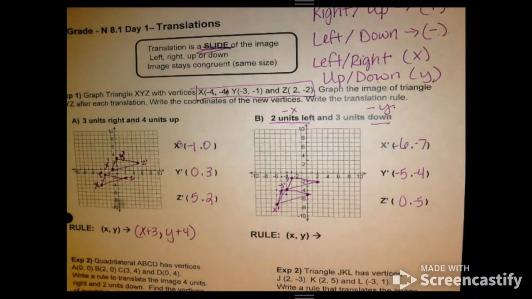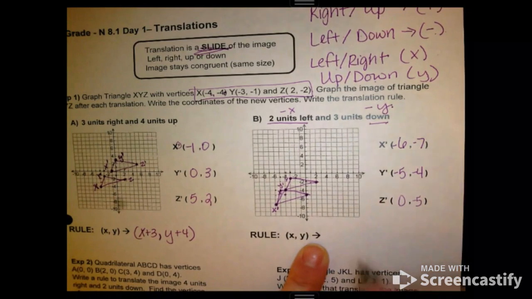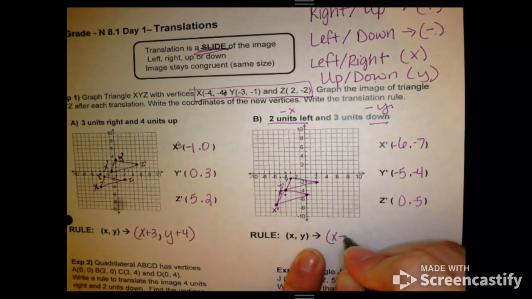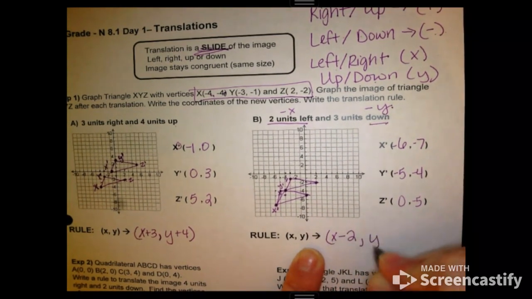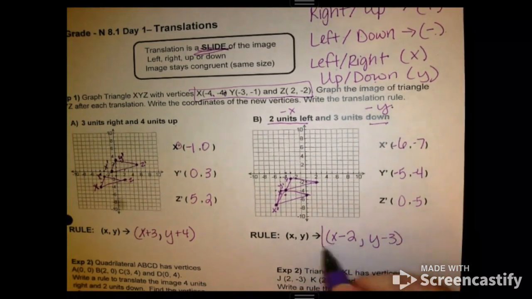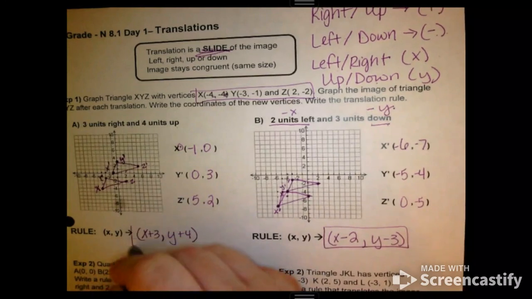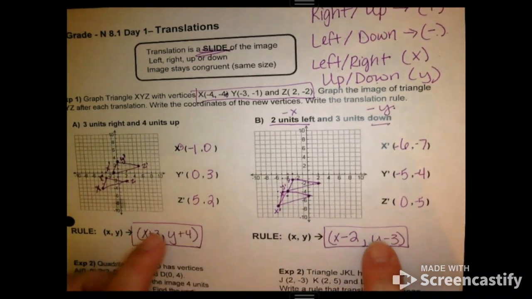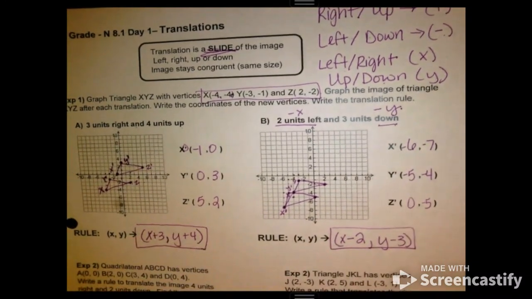The rule is, whatever that little mark is, x minus 2, comma, y minus 3. You have to put that on. The rule? If it asks for it, yes. And more times than not, that's what you're going to be doing, not the graphing.